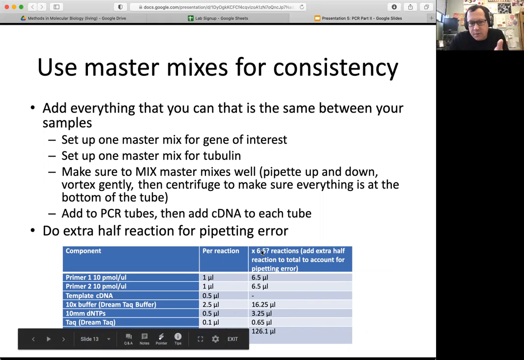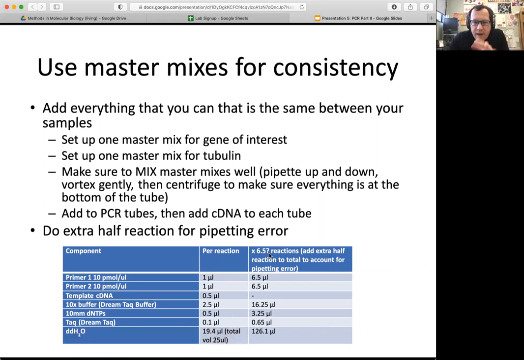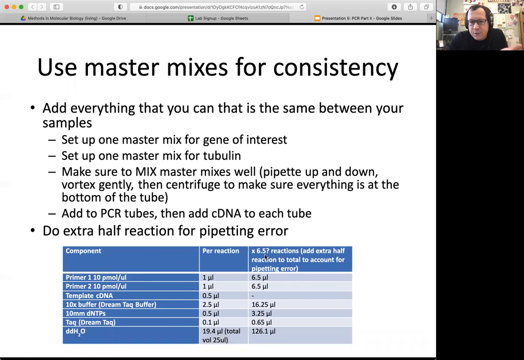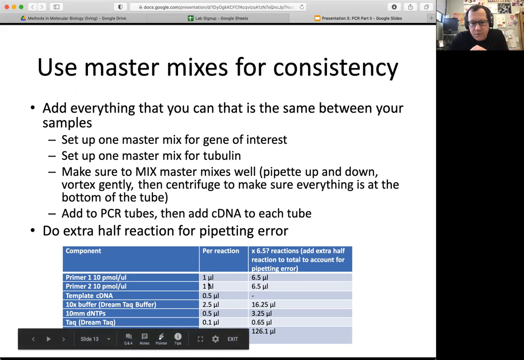I have it shown up as times 6.5 reactions here. I always do an extra half reaction, and this accounts for pipetting error. I have this shown as 6.5, but you're really only going to be doing 3.5. So you're going to be setting up master mixes of 3.5 times whatever goes in your original reaction.